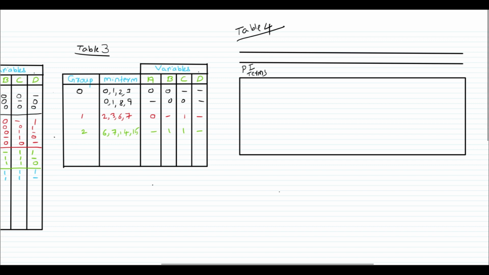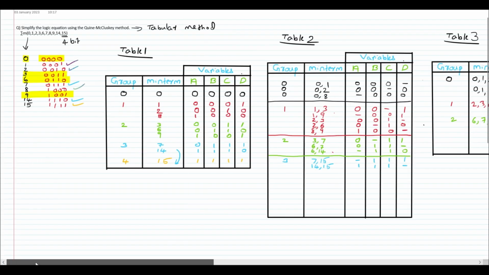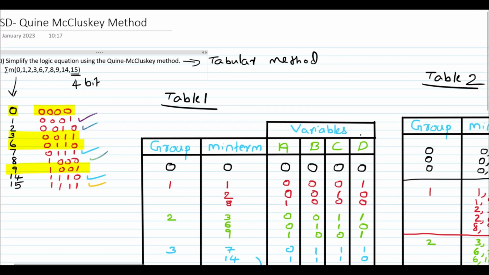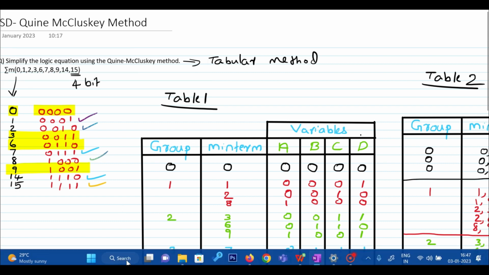I will explain it soon. Next we have the decimal numbers, and next we have the minterms. Minterms are what is available in the question. You can see here in the question, the minterms are 0, 1, 2, 3, 6, 7, 8, 9. So we have to write these there.